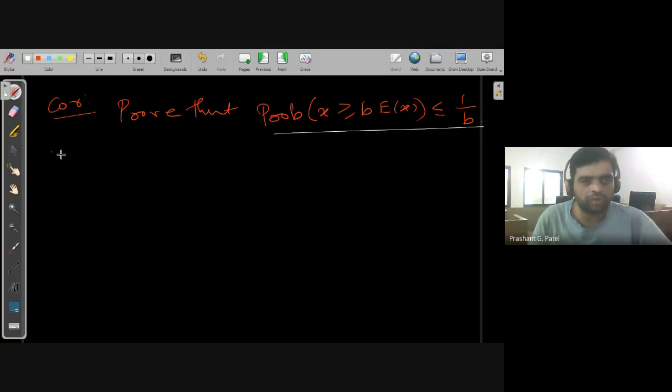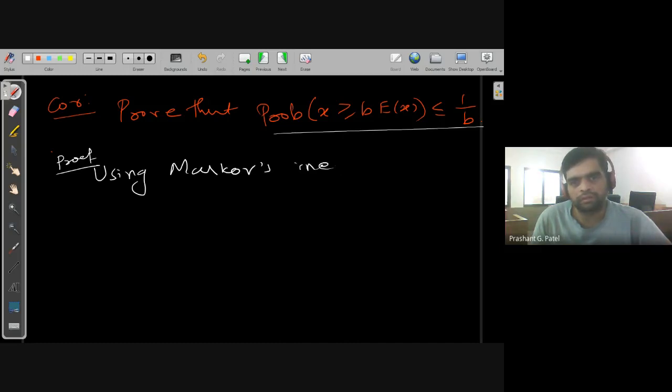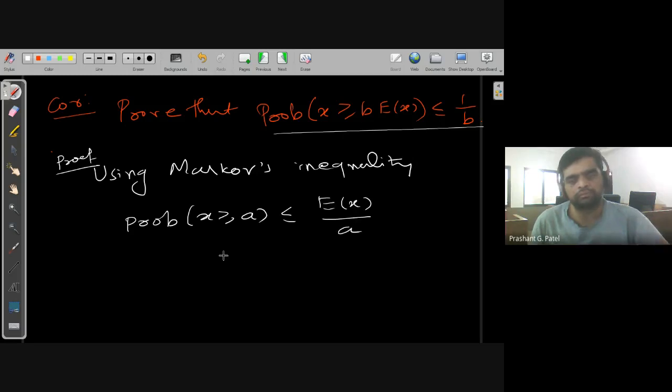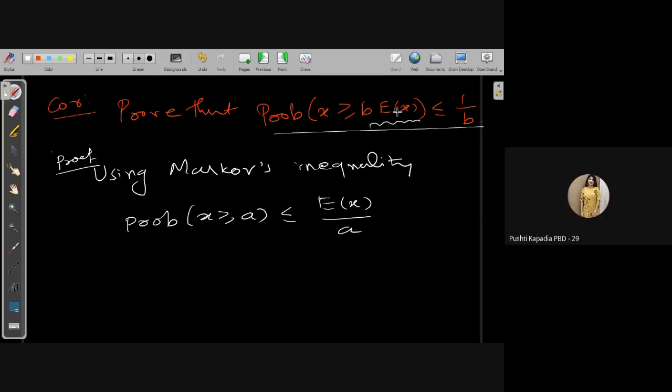See, we have Markov's inequality; just write it down and it will give this answer. Using Markov's inequality, we have the probability of x greater than or equal to a is less than or equal to the expected value of x upon a. Instead of a, we have b into the expected value of x.